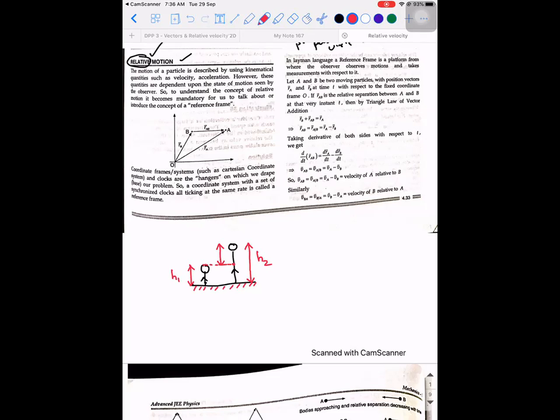H2 minus h1. If I use the word minus, I'm saying it is purely subtraction. Correct? So there are two things: difference and subtraction. What is the differentiating factor between them?